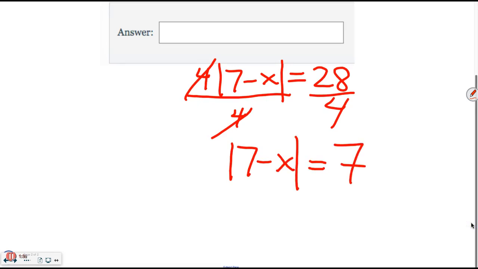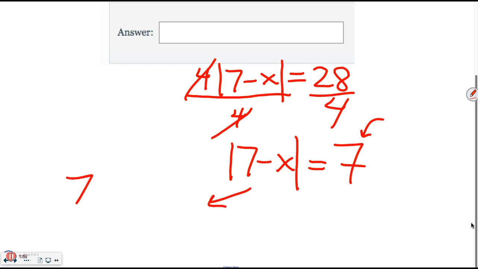Now the problem is it's trapped in this box of absolute value. It's stuck in there, right? When you get to this part when the absolute value is completely naked and you got rid of all the other layers that were on the outside of it by doing the opposite, you set it equal to the positive and negative of this. So you need to do 2 things.